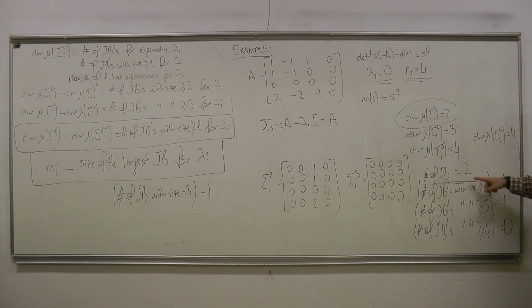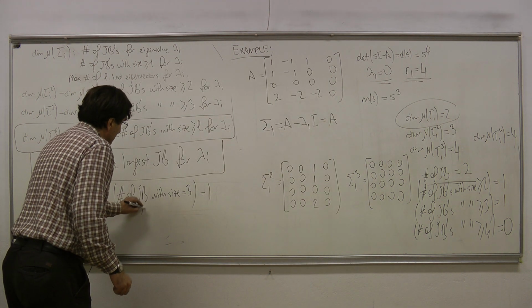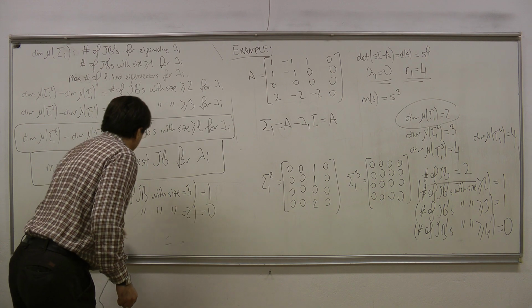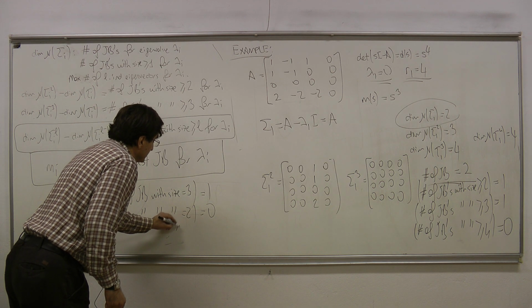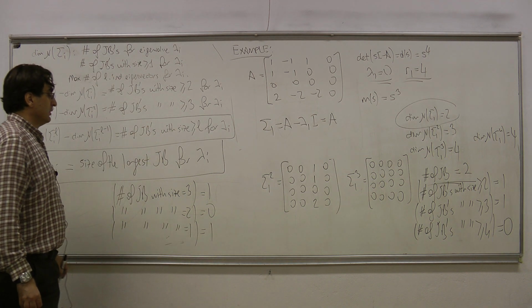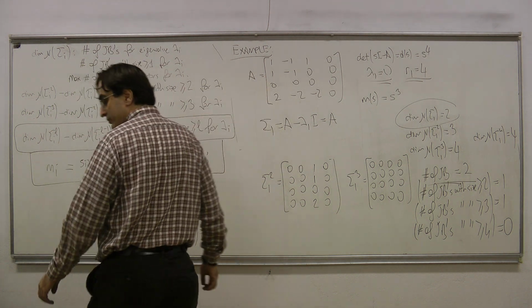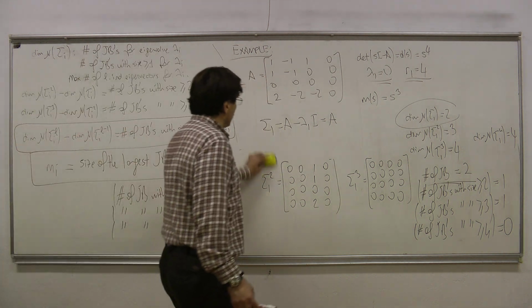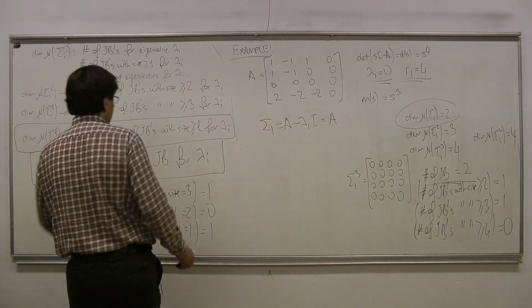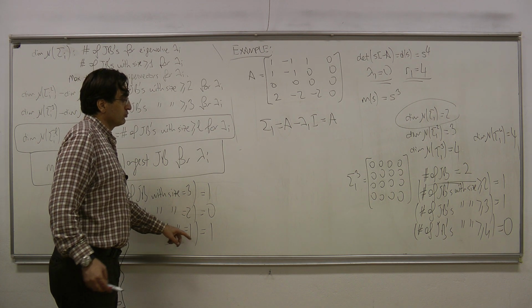The number of Jordan blocks with size equal to 2 is 0, and the number of Jordan blocks with size equal to 1 should be 1. So the Jordan canonical form of this matrix should contain 2 Jordan blocks, and the size of the first Jordan block should be 3, and the size of the second Jordan block should be 1.